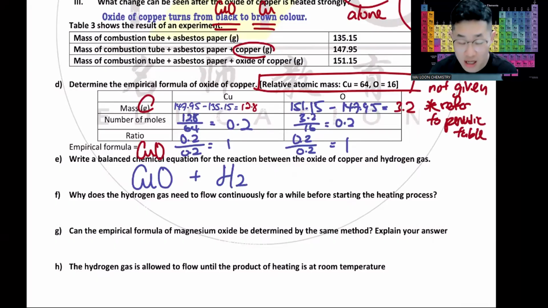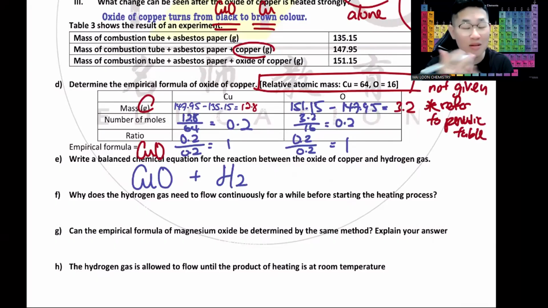For those who are until chapter 4, if your teacher gives you the periodic table, in the formal exam it will be given.